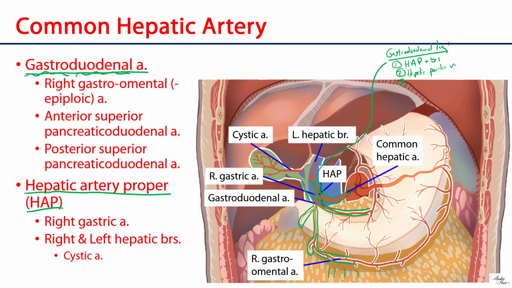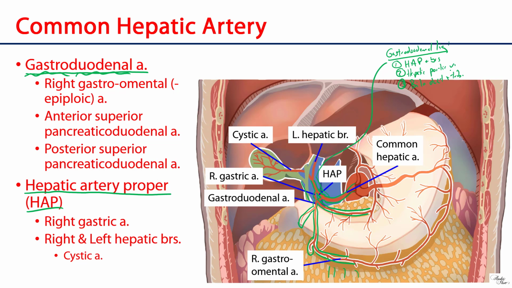And then the third is going to be the bile duct and its tributaries. So those are the three things that are moving through that gastroduodenal ligament, being conveyed from approximately the level of the duodenum up to the porta hepatis.